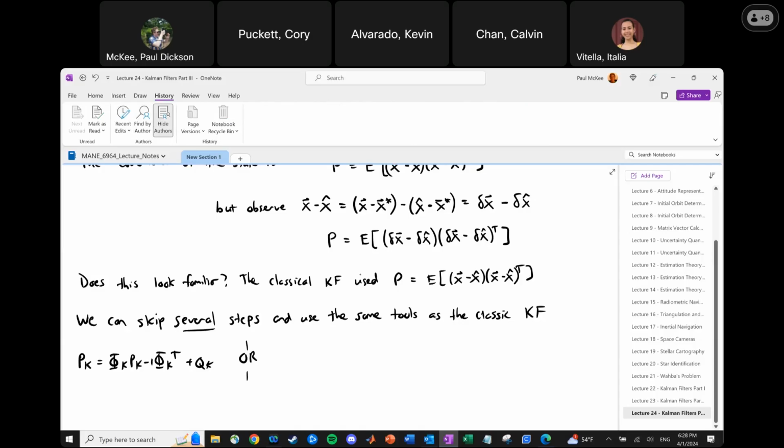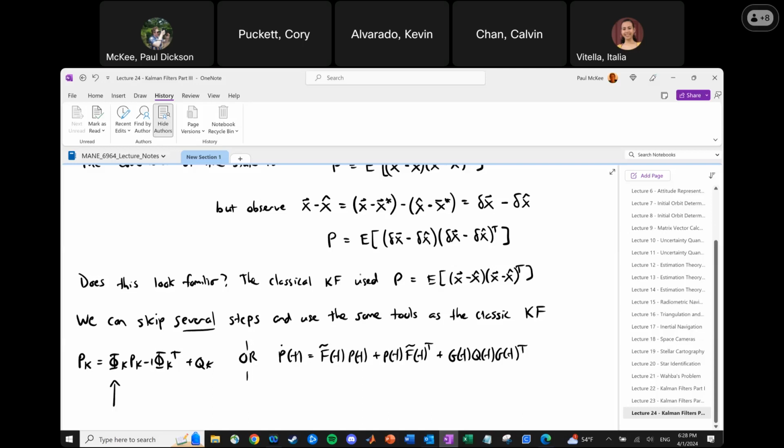Or we can say P dot of t is equal to F of t, P of t plus P of t, F of t transpose plus G of t, Q of t, G of t transpose, where this is now our linearized model.